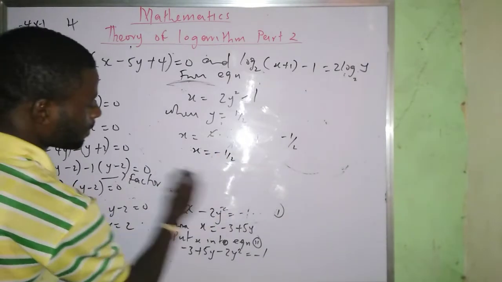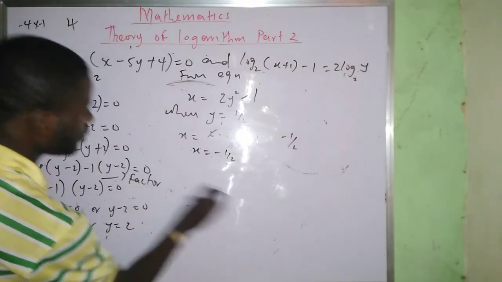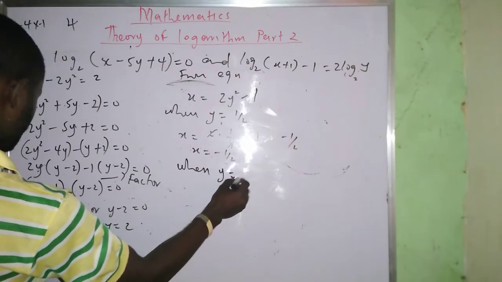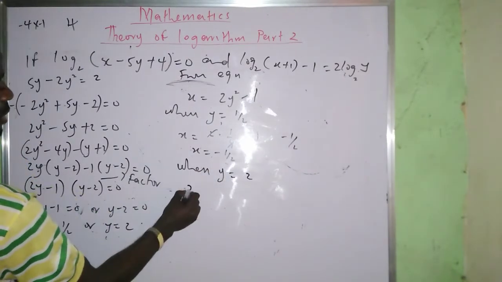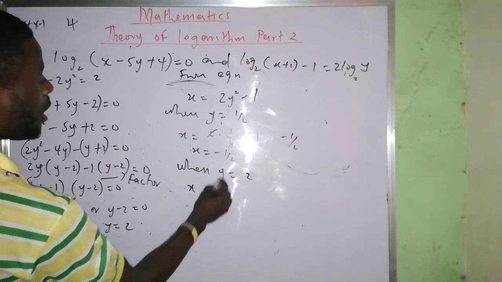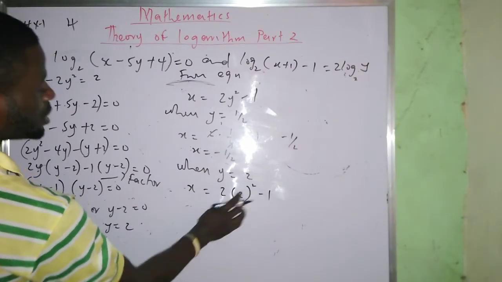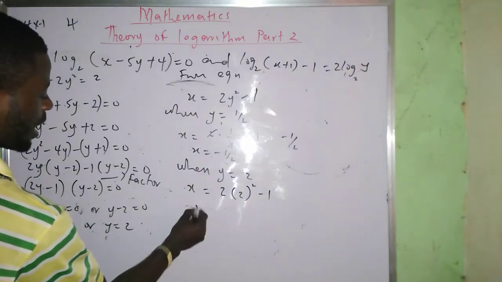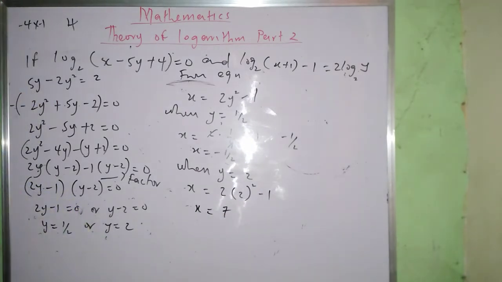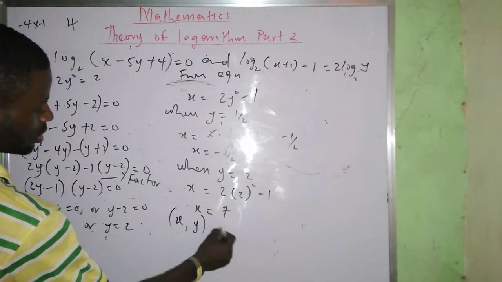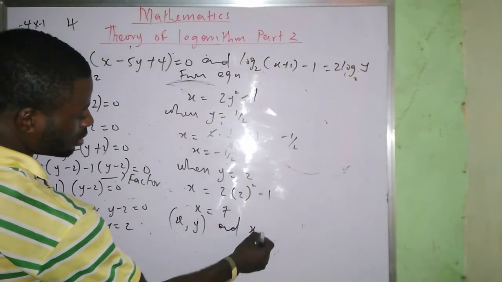And also, when y equals 2, I'll just put my x equals 2 bracket of 2 squared minus 1, which is going to be 8 minus 1, x equals 7. Now, it means I'm having 7, and now the possible values are x, comma y.